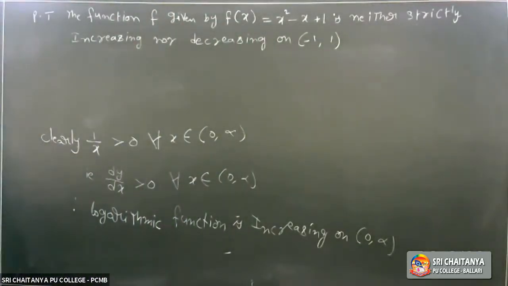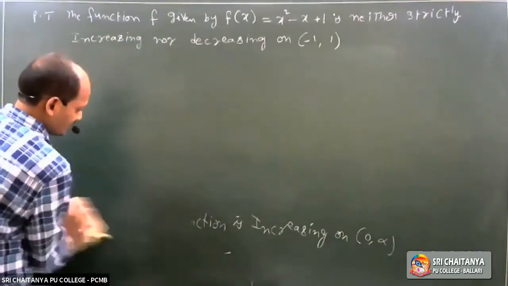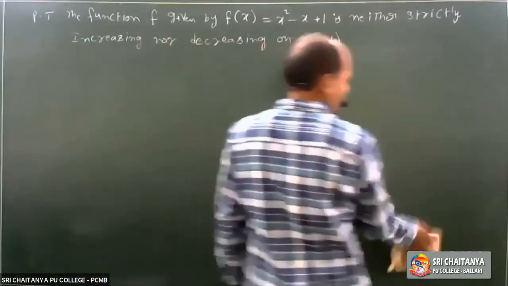Prove that the function f given by f of x is equal to x square minus x plus 1 is neither steadily increasing nor decreasing on -1 comma 1.